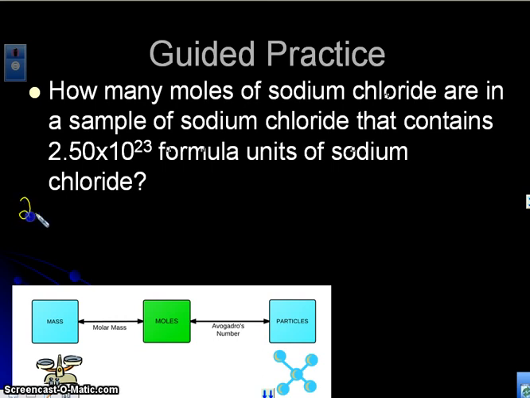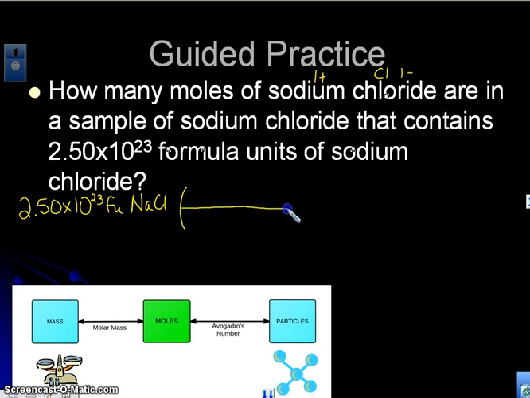So we're going to start with 2.50 times 10 to the 23rd formula units of sodium chloride. Na is a 1+ charge, chloride is a 1- charge. So that's going to give us a formula of NaCl. Hopefully you recognize this when we've done enough work with sodium chloride.